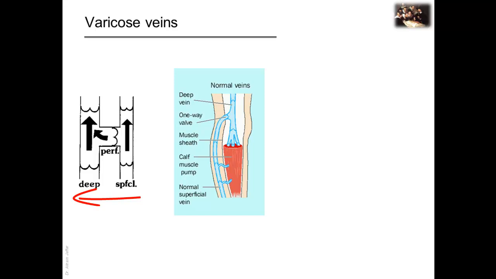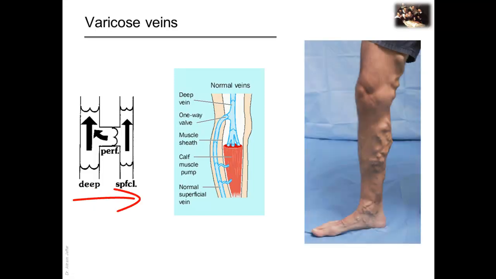Blood is prevented from passing to the superficial veins because of the presence of valves in the perforating veins. Now, if these valves become incompetent, if they fail, then the blood is pushed inversely from the deep to the superficial veins. Therefore, the superficial veins will become dilated and tortuous, and this is what we call varicose veins.